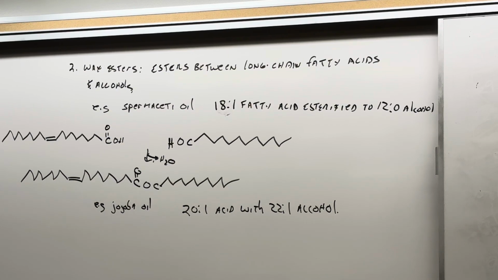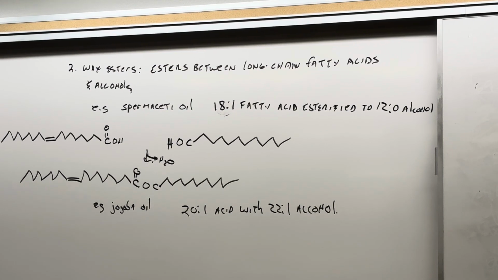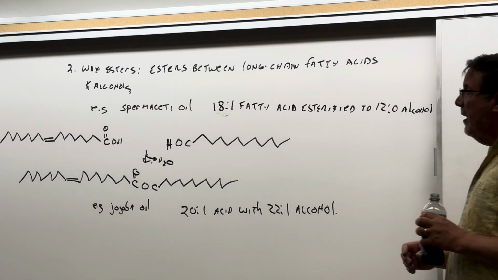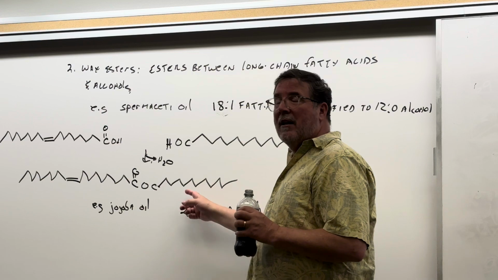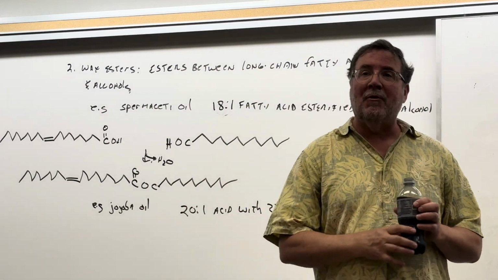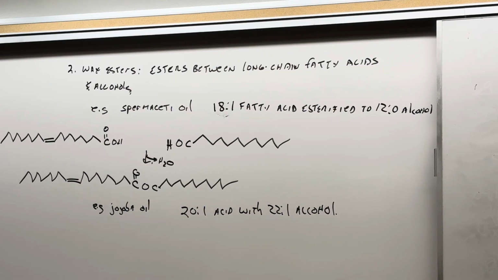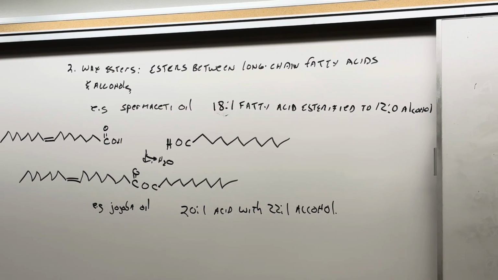One of the projects over there was to take an oilseed plant like canola, which normally accumulates a polyunsaturated plant oil, a triglyceride, and genetically engineer it to, instead of making the triglyceride, make an ester with the same composition as jojoba oil. So basically, make a canola plant that would make jojoba oil.